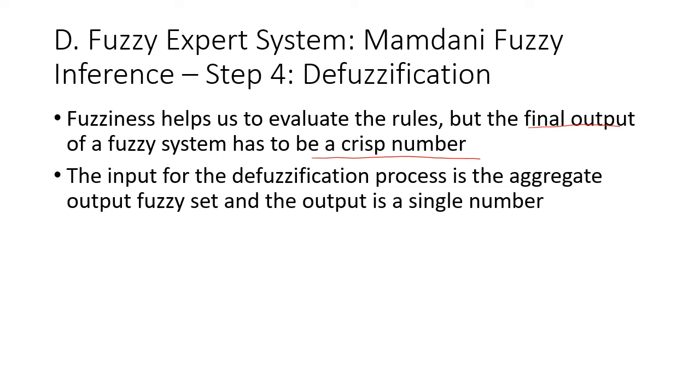Therefore, the fourth step is called defuzzification. The input of the defuzzification process is the aggregate output fuzzy set that we have processed in step 3, and the output would be a single number.